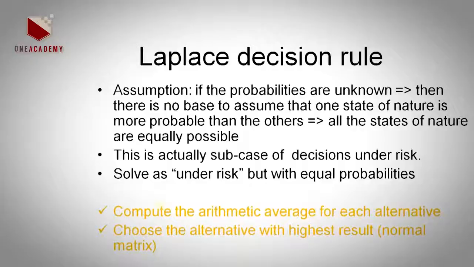And basically, we can assume that all the states of nature are equally possible. So this is actually a very easy calculation from now on. We are going to have a 1/6, in our case, 1/6 probability for occurring for each state of nature.